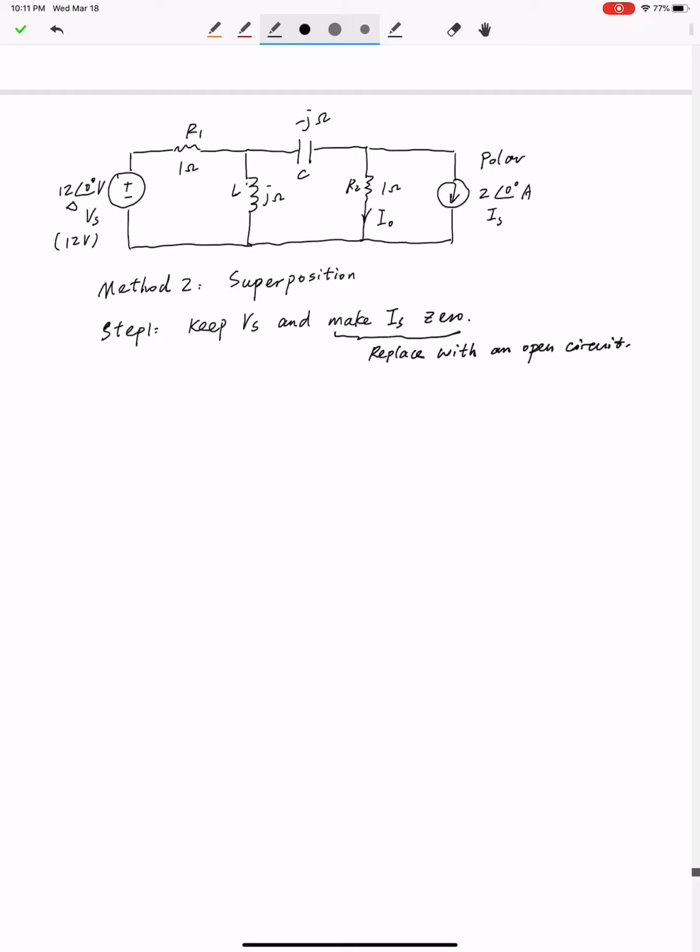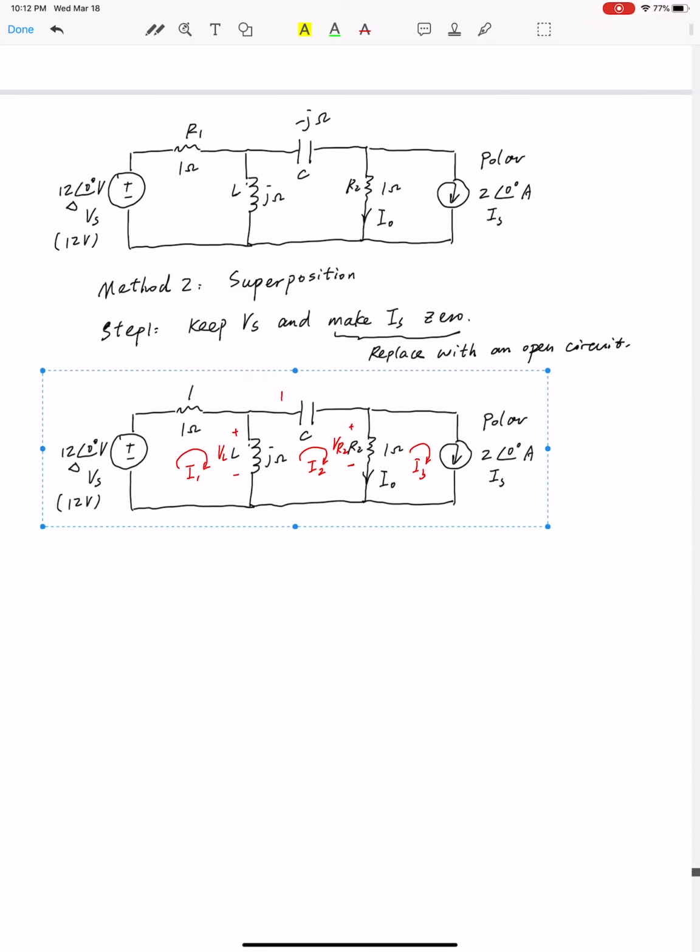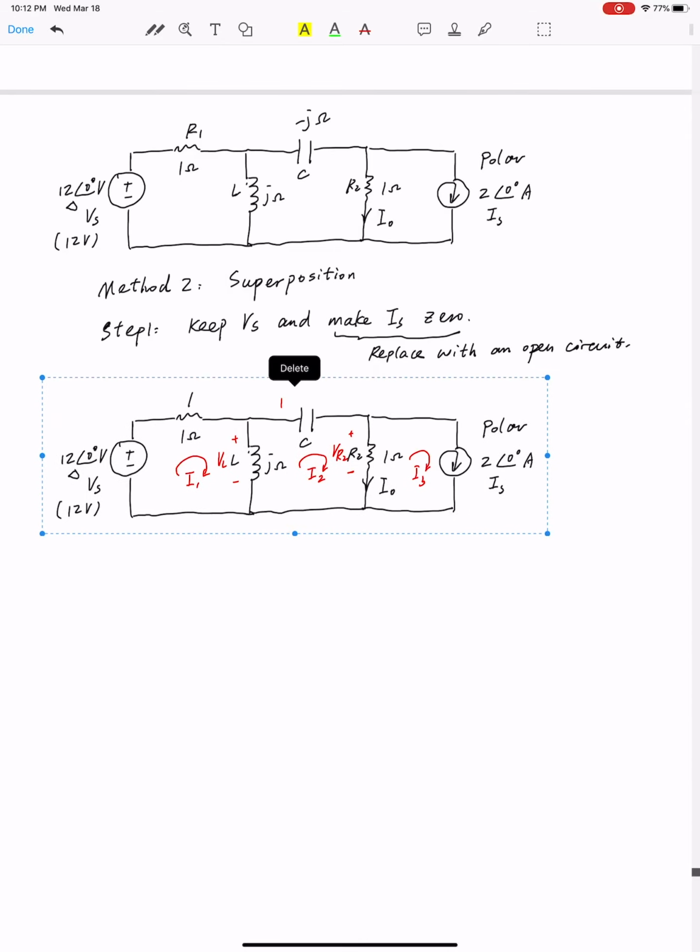All right, so the new circuit is going to look like this. Since I can copy this circuit directly, I don't need to redraw it. Okay, and get rid of those notations.